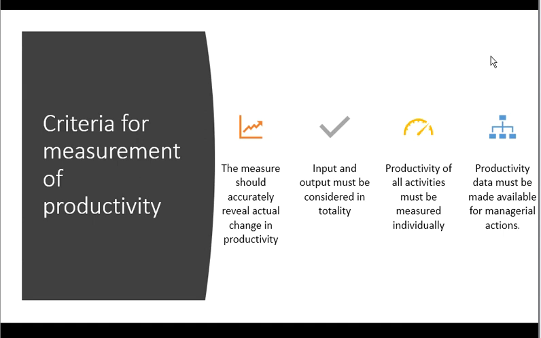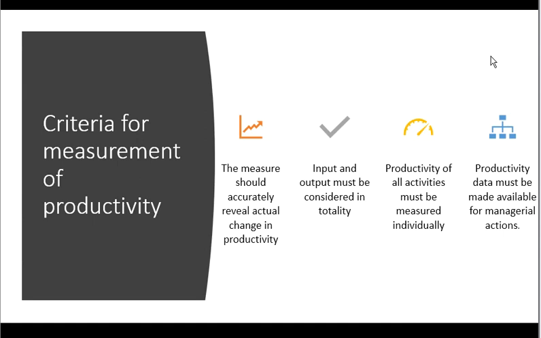There is material productivity, output upon material input, then capital productivity, energy productivity, and other productivities. So productivity of all activities must be measured individually. Then only can you identify, and it is useful and makes sense.